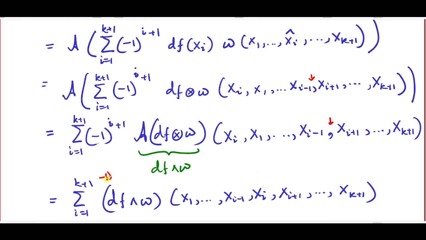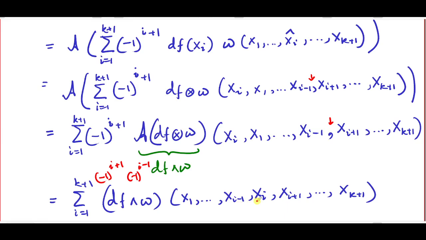So what you will have is minus 1 to the i plus 1, which you already had, times an extra factor of minus 1 to the i minus 1, which of course is minus 1 to the twice i, and that is always plus 1. So we find that written in this form, each and every one of the terms in this sum, each and every summand is one and the same: df wedge omega acting on x1, x2, x3 all the way up to xk plus 1.